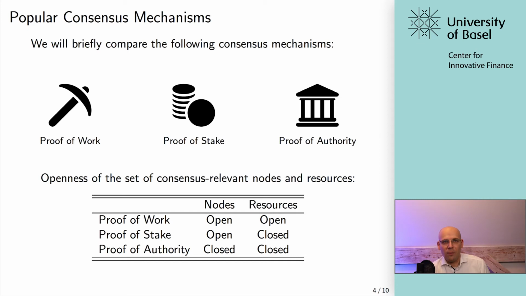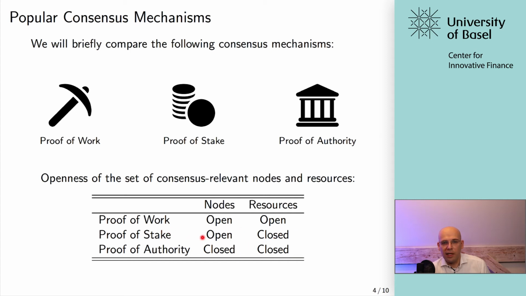So for example, with Ethereum, there's a certain amount of Ether at every point in time. And when we're talking about proof of stake, then of course only this Ether can be used as consensus relevant resources. That's a big difference to proof of work, where essentially somebody could add additional computational resources from outside, and it's potentially completely open, an infinite amount of resources. With proof of stake, this is closed.